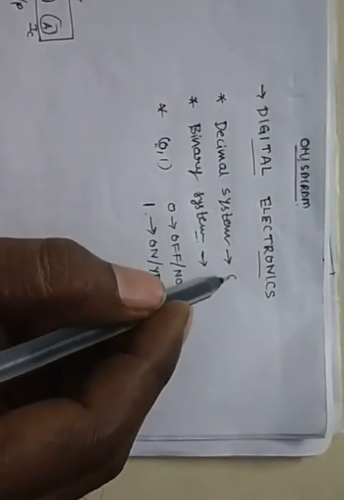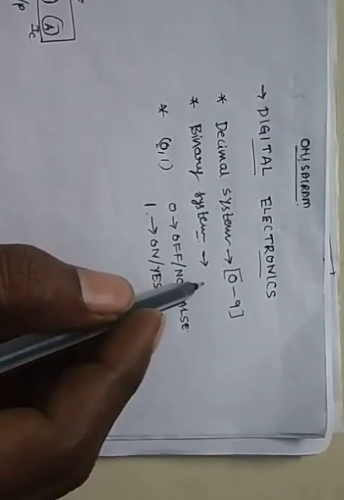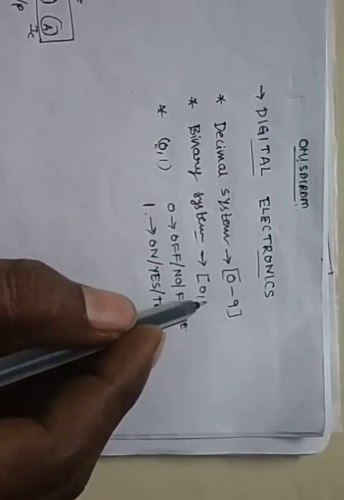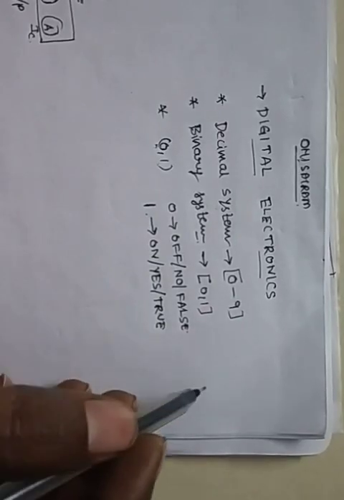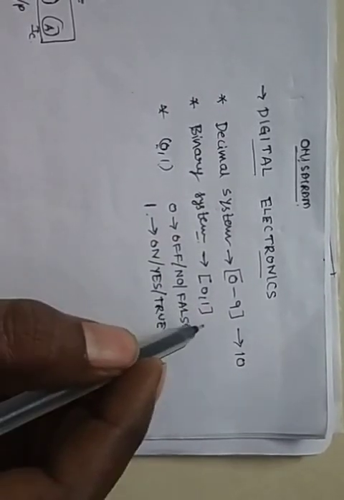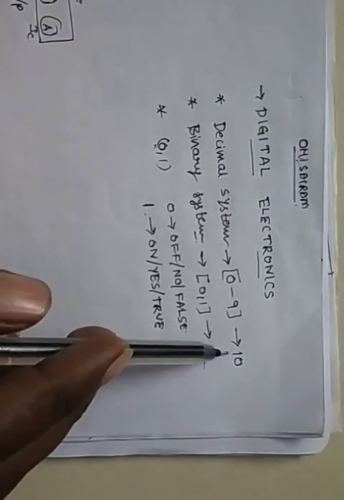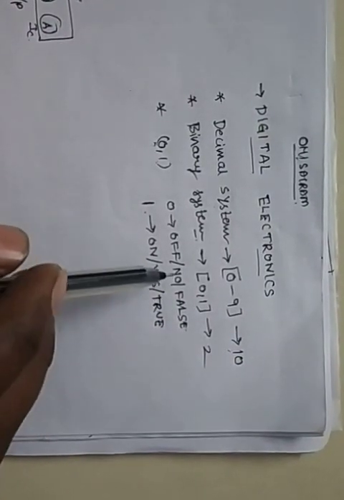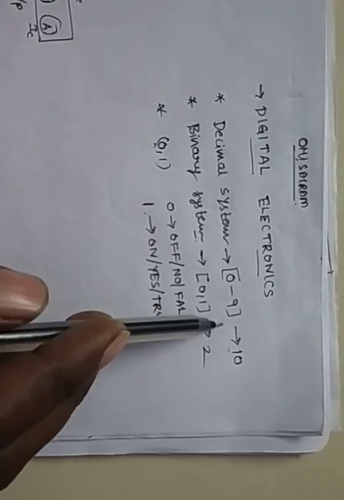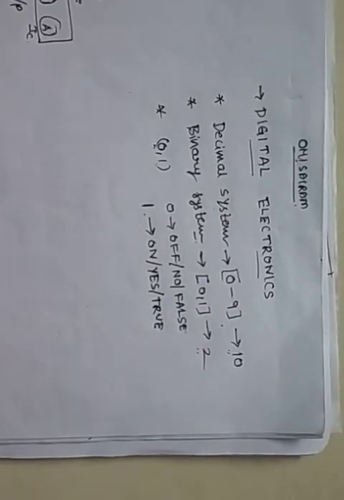This decimal system contains numbers from 0 to 9, but the binary system contains only 0 and 1. That means here 10 numbers, here only 2. That's why we write the base value: base 10, and this is base 2.